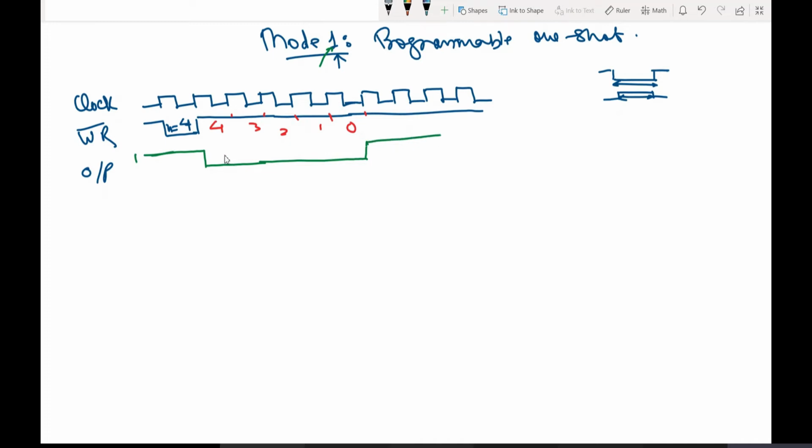So that particular thing is called one shot. There is a single shot. Okay, that's why this thing is called programmable one shot.